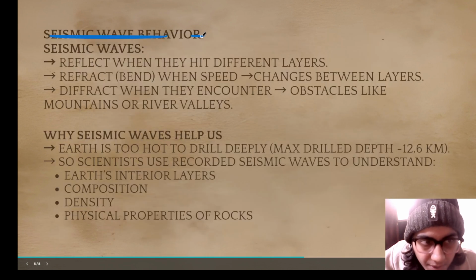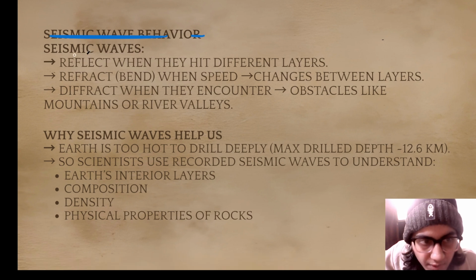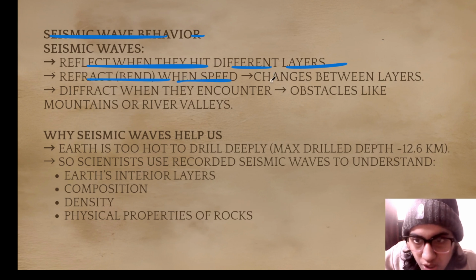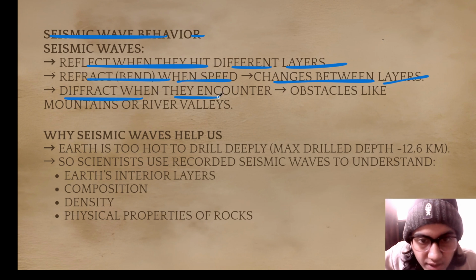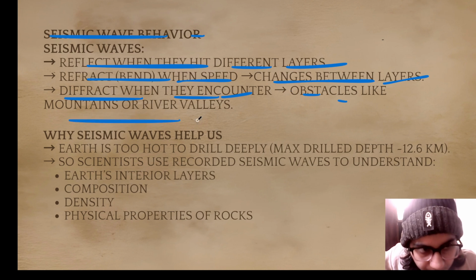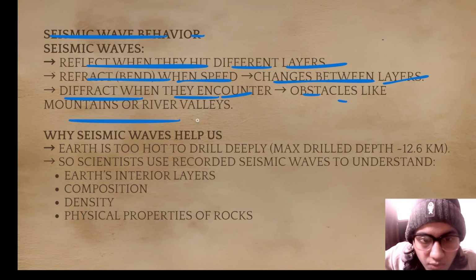Seismic wave behavior. Seismic waves reflect when they hit different layers, refract when speed changes between layers, and diffract when they encounter obstacles like mountains or river valleys. Because of these we are able to see the Earth's internal layers.